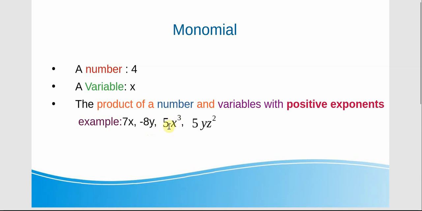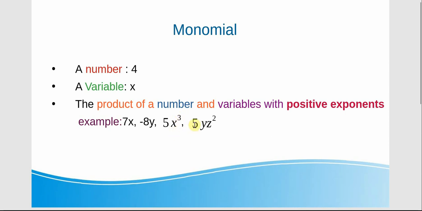Another example is 5x cubed, the product of a number and a variable, and the variable has a positive exponent.